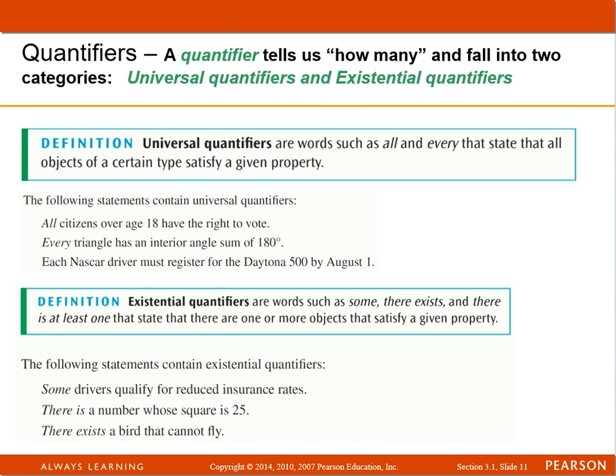Okay, so that takes care of negation, conjunction, disjunction, conditional, and biconditional. Those are your 5 connectives.